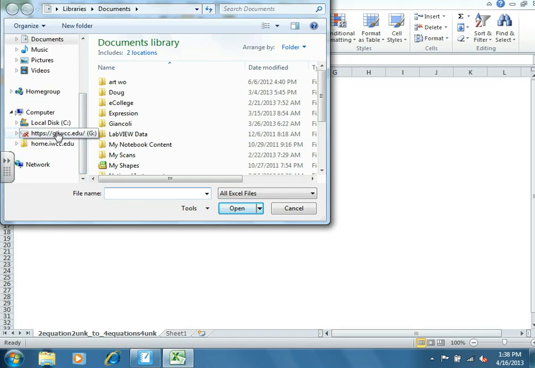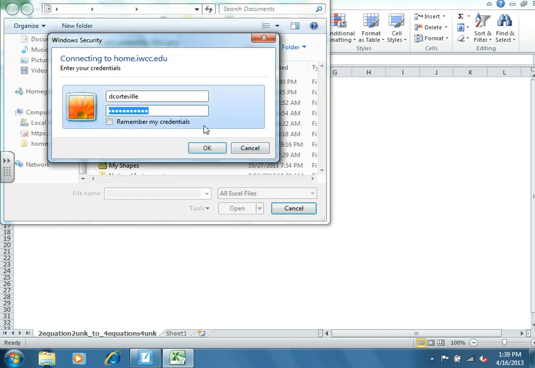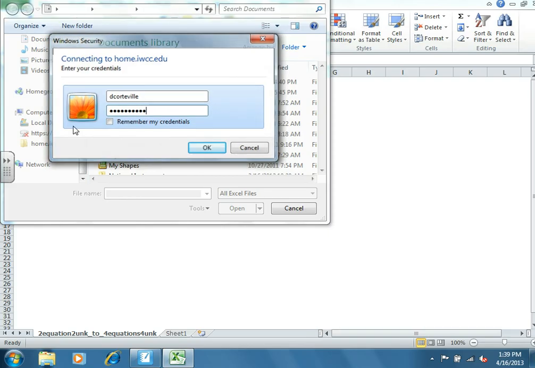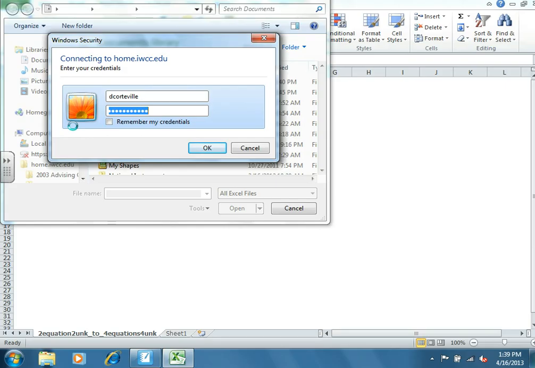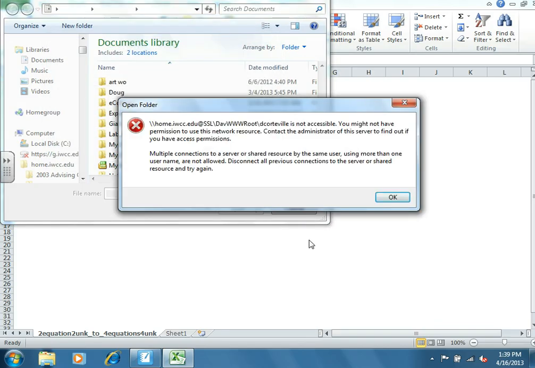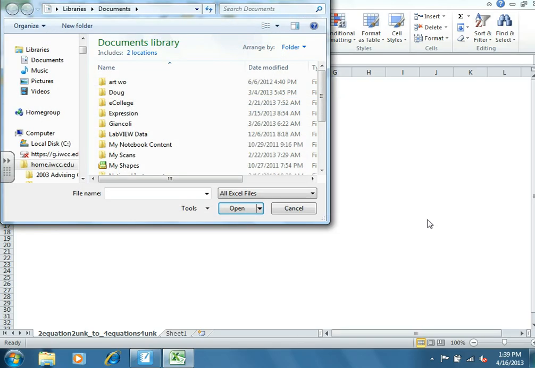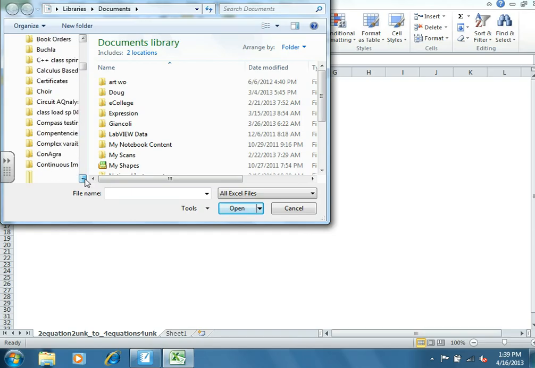And look at the U drive. Oh, it's not accessible. I don't believe it. I know you're accessible. Oh, there you are. Tell me you're not accessible.